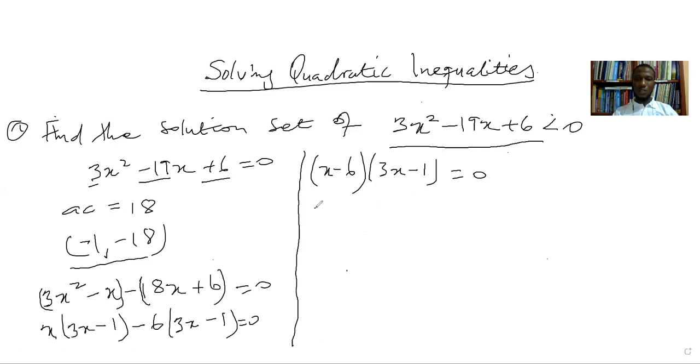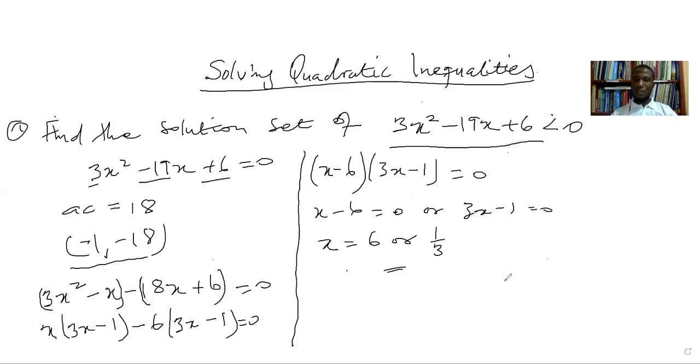So equating each of them to 0, x minus 6 equals 0, or 3x minus 1 equals 0. So that means our x will be equal to 6, or positive 1/3. So it means that our curve is going to cut the x-axis at 1/3 and then 6.